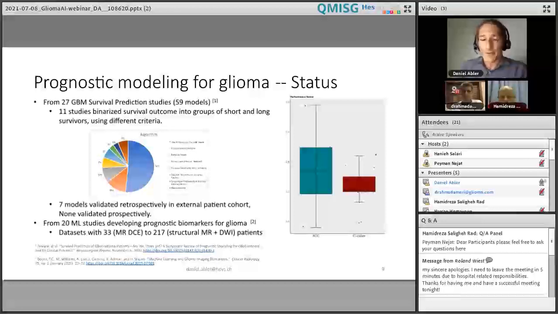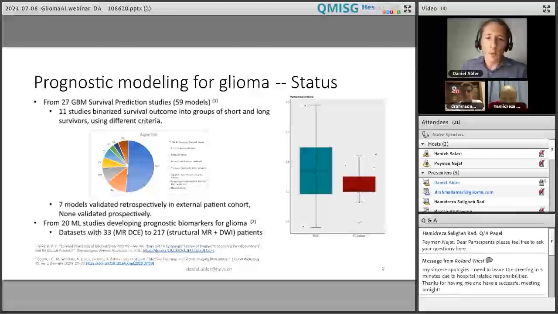So the way the outcomes were included in the model are different, which makes the comparison of the performance results difficult. And also from 27 models, only 7 did a retrospective validation in a separate data set. So this means that many of the performances indicated here are probably overestimating the model performance.